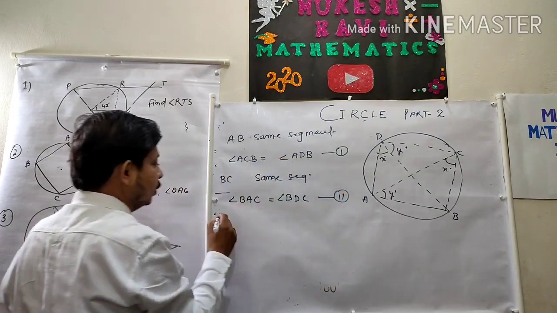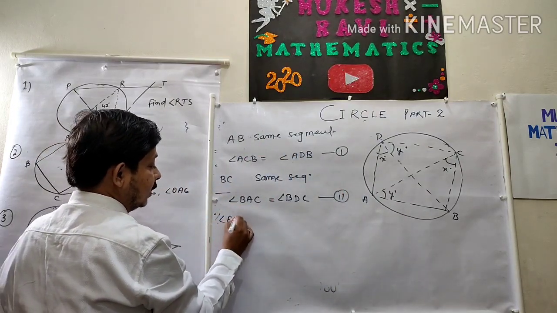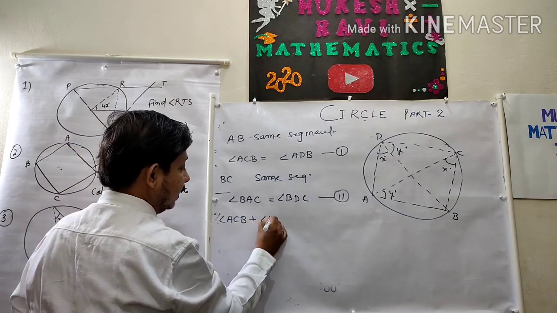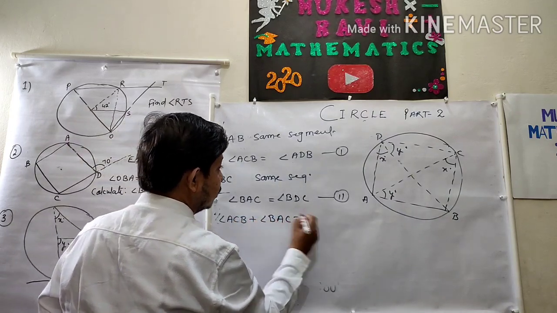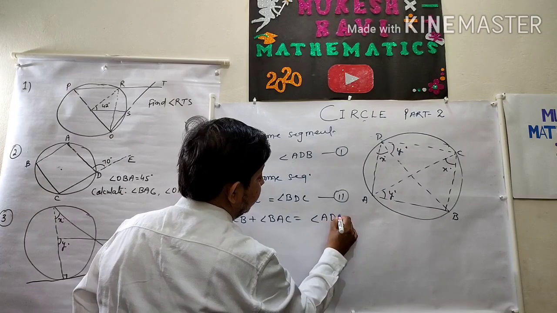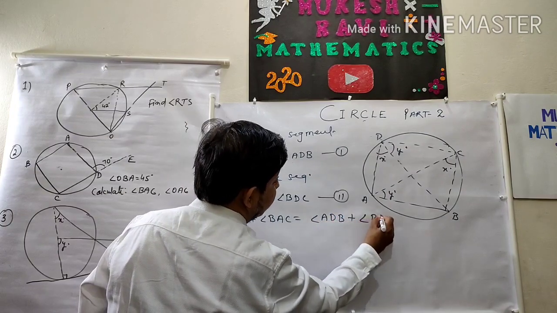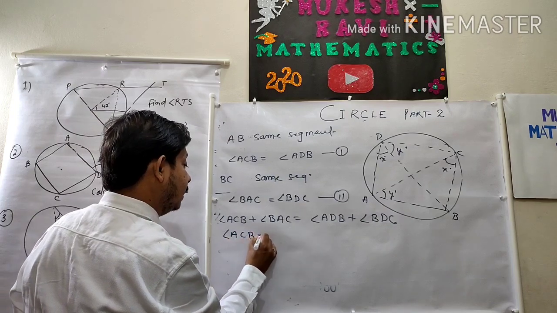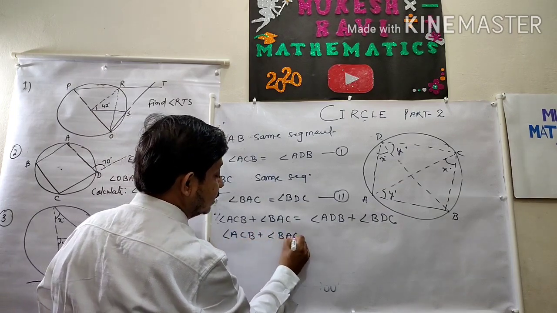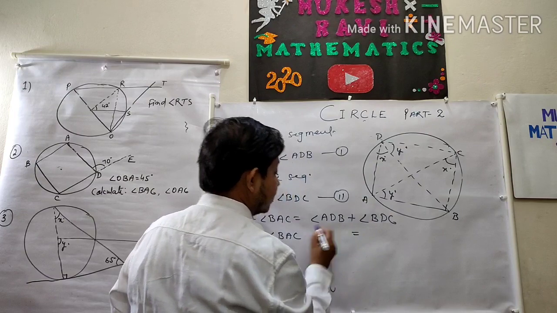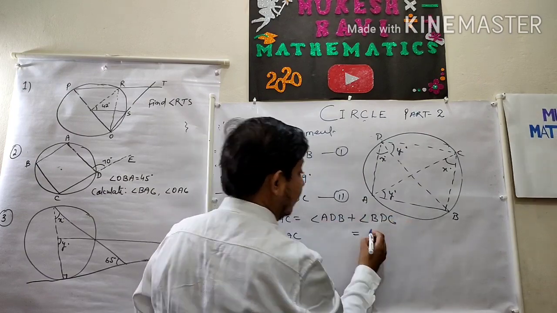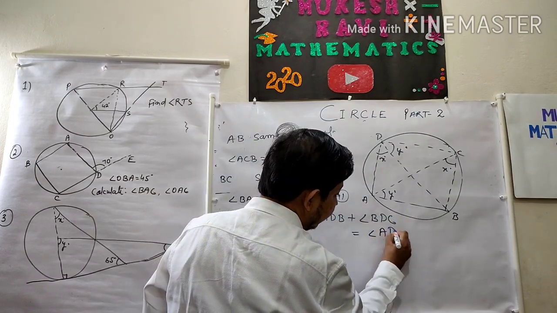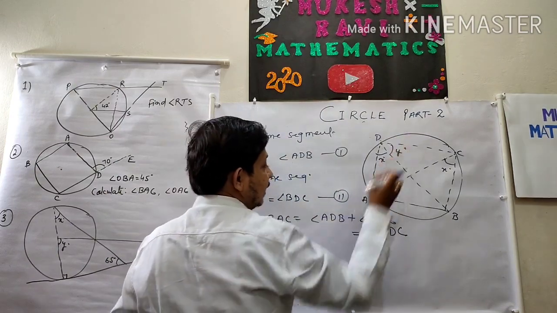Now you add these two equations: angle ACB plus angle BAC is equal to angle ADB plus angle BDC. Now ADB plus BDC is angle ADC, this X and Y.